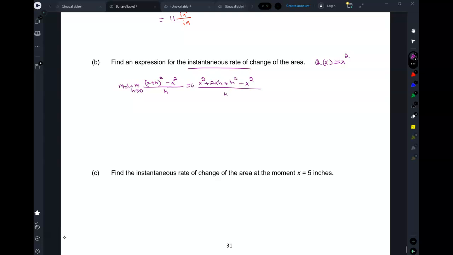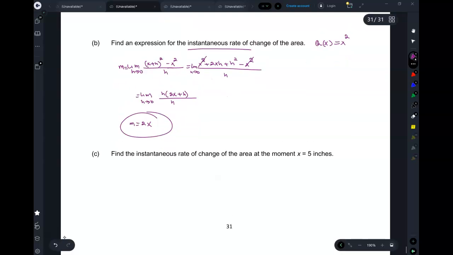So this is the limit as h approaches 0. The x squared terms go away, leaving h times 2x plus h all over h. So finally, this will be 2x. You don't have to write the units for this one because it's not an actual quantity.